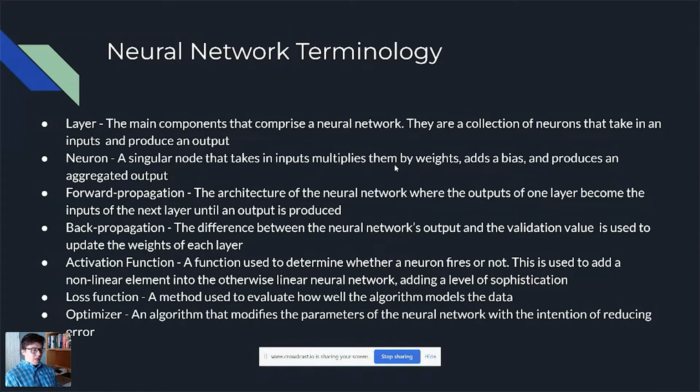And forward propagation is essentially the act of how the neural network continues to produce these outputs and send them to the next neuron. That neuron produces outputs, all until the output layer, and then that output layer produces a comprehensive output of itself. And then back propagation is essentially what puts the learning in deep learning.